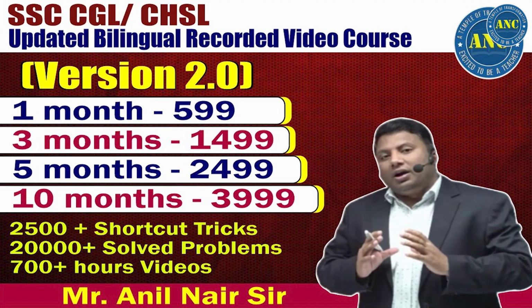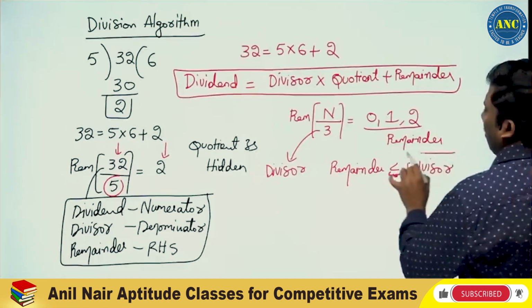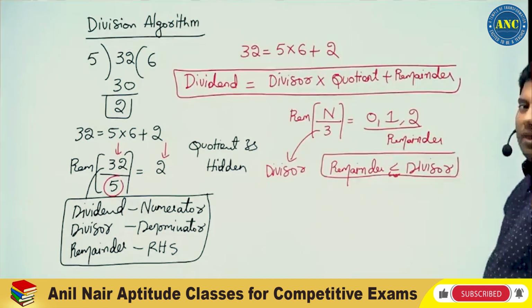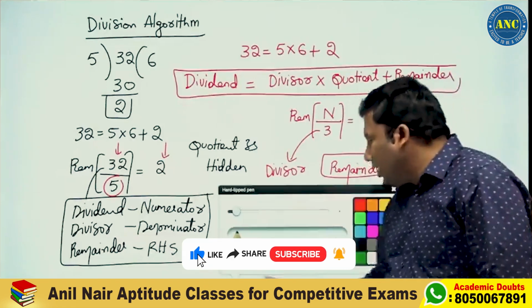That means, very, very important: remainder value should always be less than the divisor. Make a note of it. Not less than or equal to, just less than.